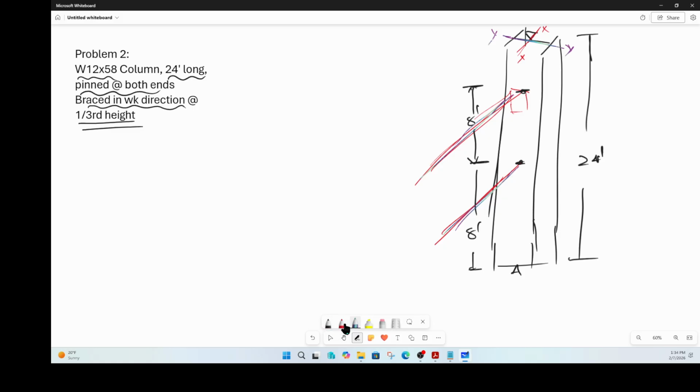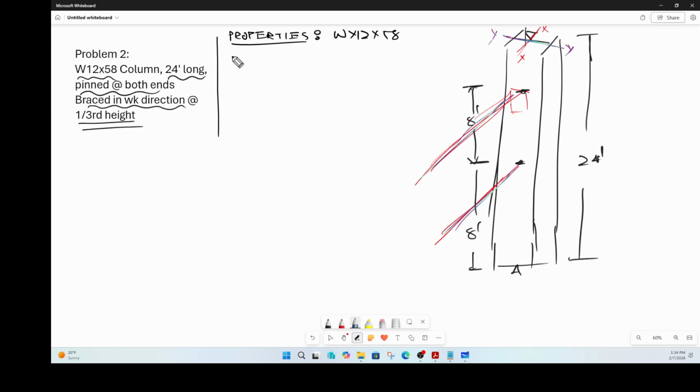So how do you calculate the strength of a column? Before you do anything, you pull up the properties of the section, which is in this case W12x58. I can show you which table, but I don't want to get into all those details. I'm assuming you know how to pull the properties from the code.